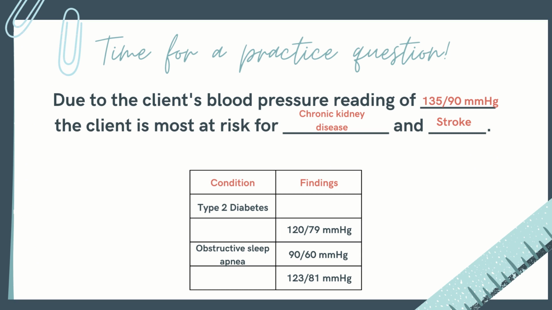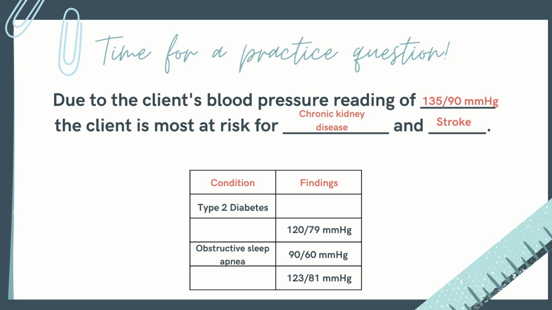So let's start with the findings here, which is the cause, per of cause and effect. So what is considered an abnormal blood pressure? If you said anything over 120/80, you are correct. So we can immediately throw out the options of 120/79 and 90/60.